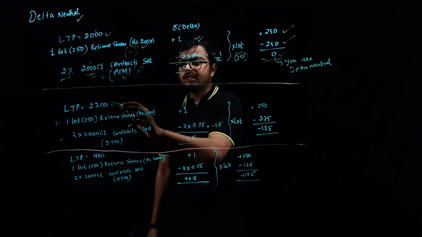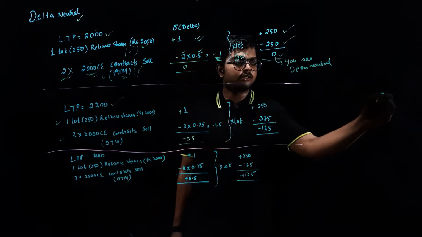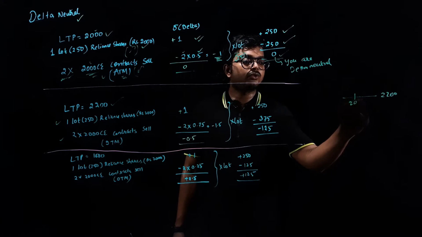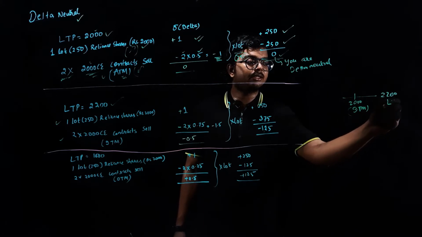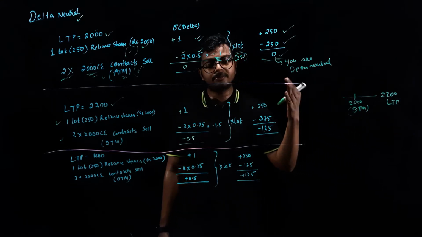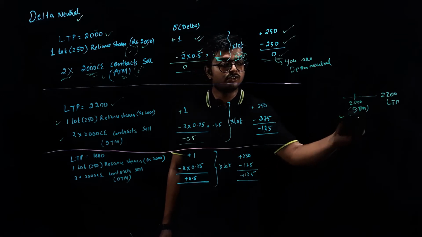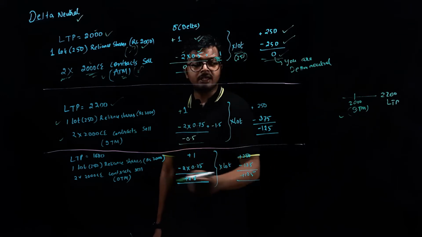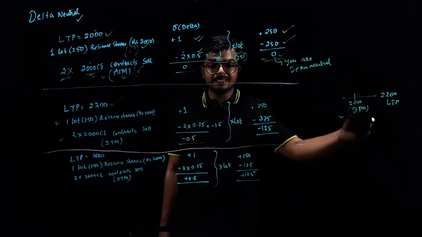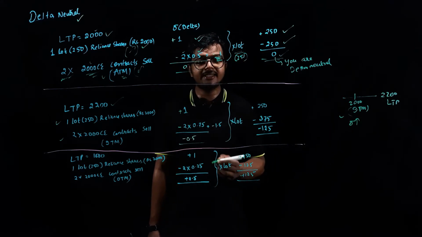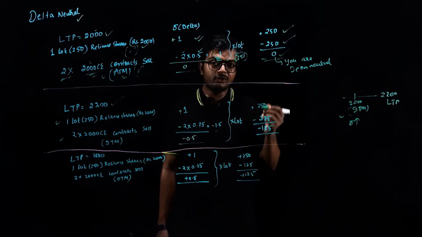And now the LTP is 2200, so the strike price 2000 would become in the money for this LTP, because you know the lower strike price is always in the money for call options, right? So 2000 would become in the money, and you also know that for in the money the delta value increases, and for out of the money the delta value decreases.